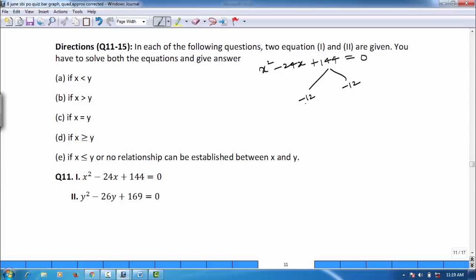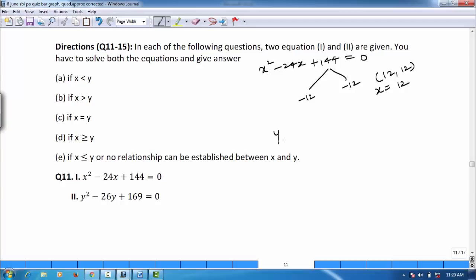So multiplying minus 12 and minus 12 will give 144, and adding minus 12 and minus 12 will give us minus 24. So if we change the sign, we will get the value of required roots, that will be 12, 12. So x is equal to 12.